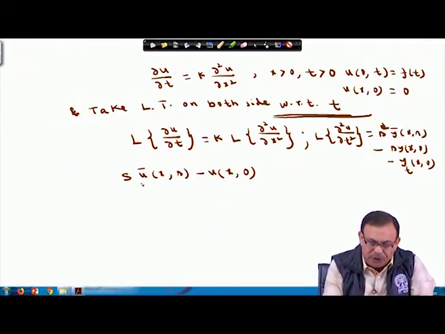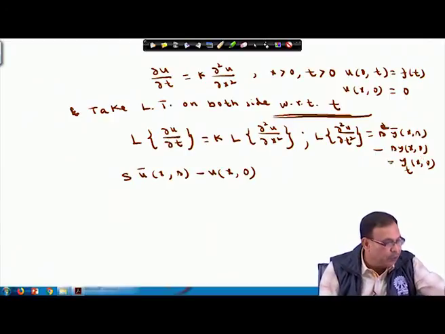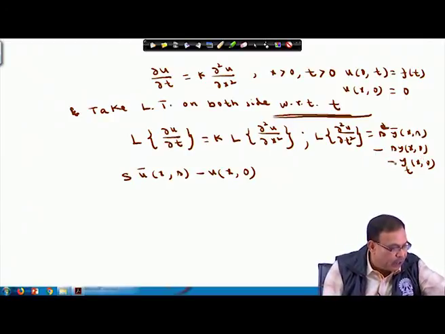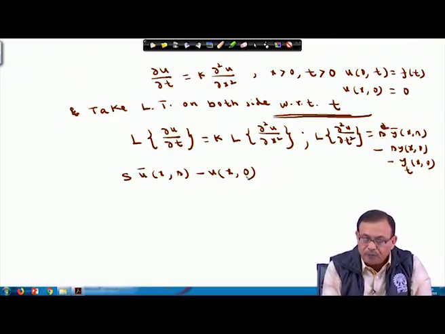Sorry, this is ∂u/∂t that I am doing. For ∂u/∂t it is s ū(x,s); I had written it for the second derivative in t, whereas for the other one it is s ū(x,s) minus u(x,0).